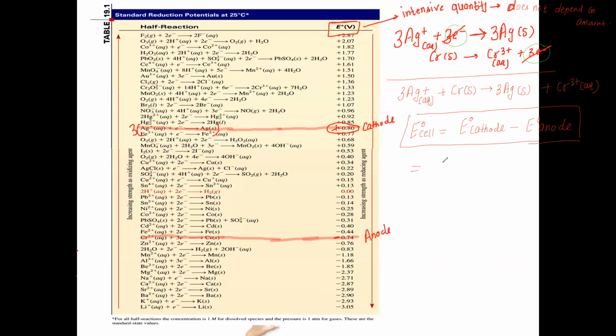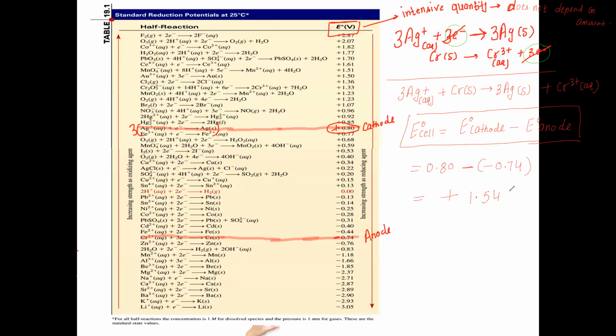So what is E node cathode? 0.80 minus 0.74. What's the answer? It's a plus answer. And it is 1.54 units.